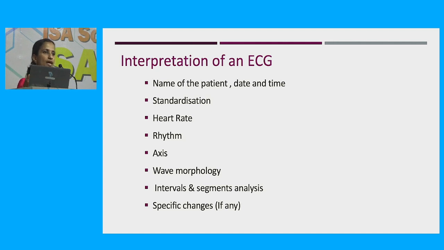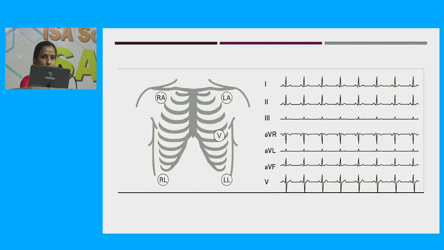And finally, after explaining the changes, you say the diagnosis. For the exam also, before jumping to the diagnosis, first read the ECG. First interpret what changes you are seeing in the ECG, then you say your probable diagnosis. Then the examiner will ask you what could be the cause, or how you will manage. That is how the questions are usually asked in the examination.